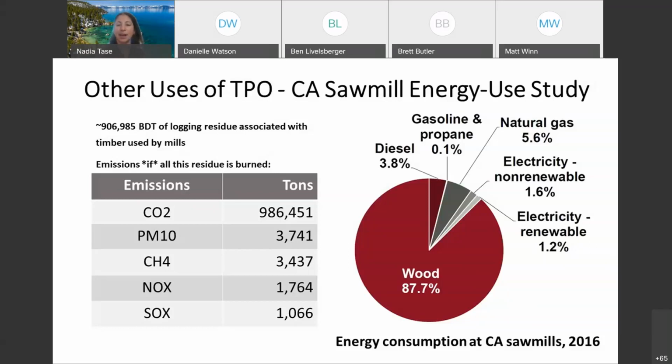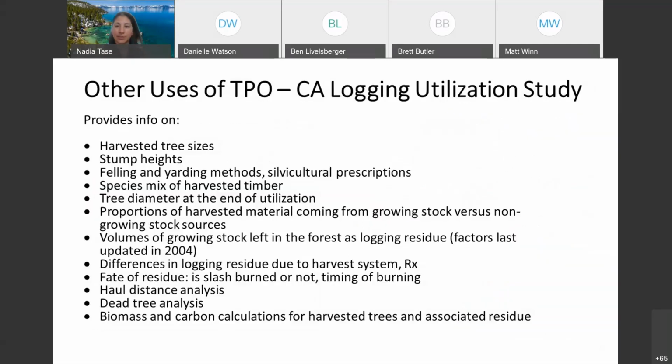But of course, that's not necessarily feasible because some of their energy needs really come from rolling stock equipment that needs fossil fuels. So it's not like we can really make that swap exactly. But I get asked this question a lot because there's a lot of people who want to use the material that's out there and not burn it on site for a variety of reasons.